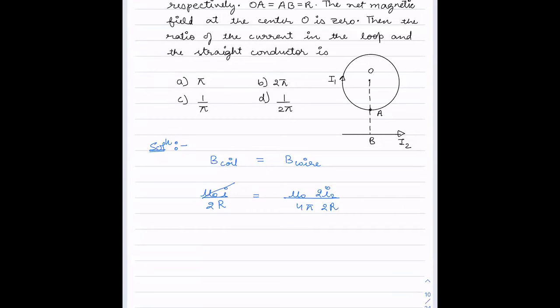Mu naught and 2R get cancelled. If I solve this, I'm getting I1 equals 2 I2 divided by 4 pi. So this becomes 1 upon 2 pi, I2 by 2 pi. So I1 by I2 gives me 1 by 2 pi.